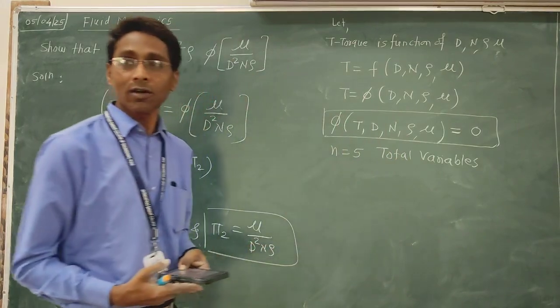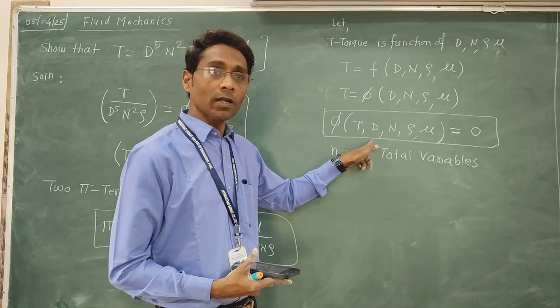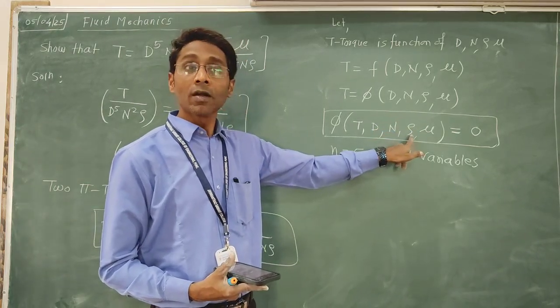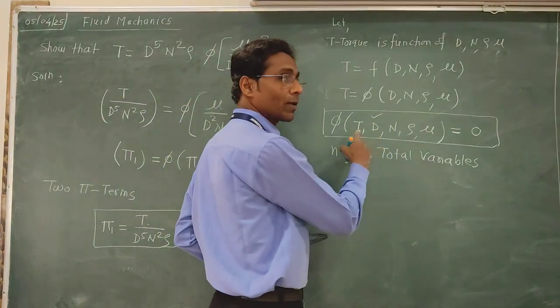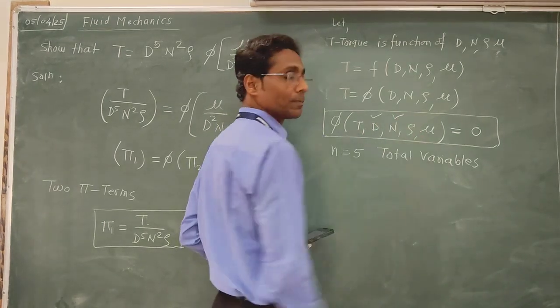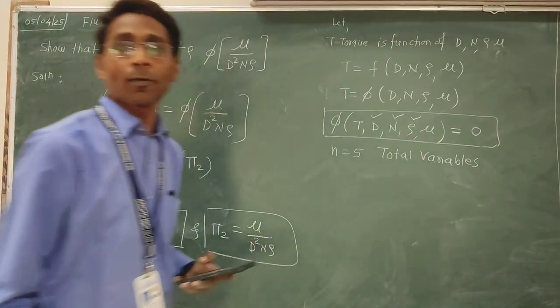Now what is the rule for that? We have discussed. One should be dimensional, means geometric property. One should be flow property, and one should be what? Which property? Fluid property. So you can take dimension, means geometric property, as d. We can take n as a flow property, and you can take rho as a fluid property.